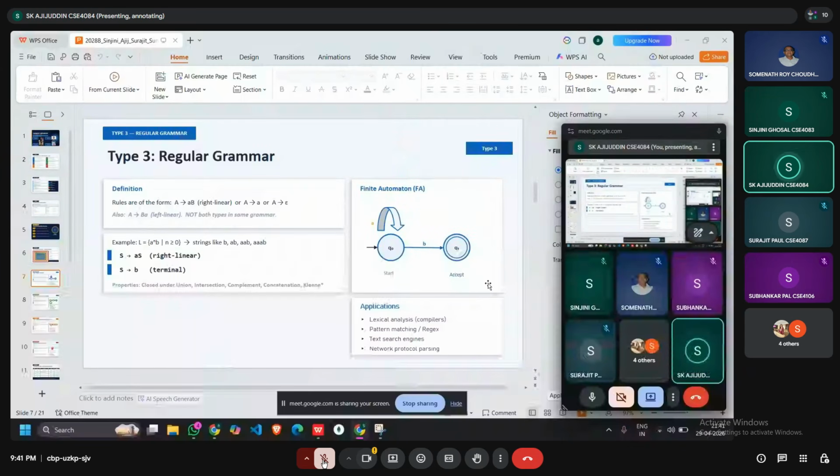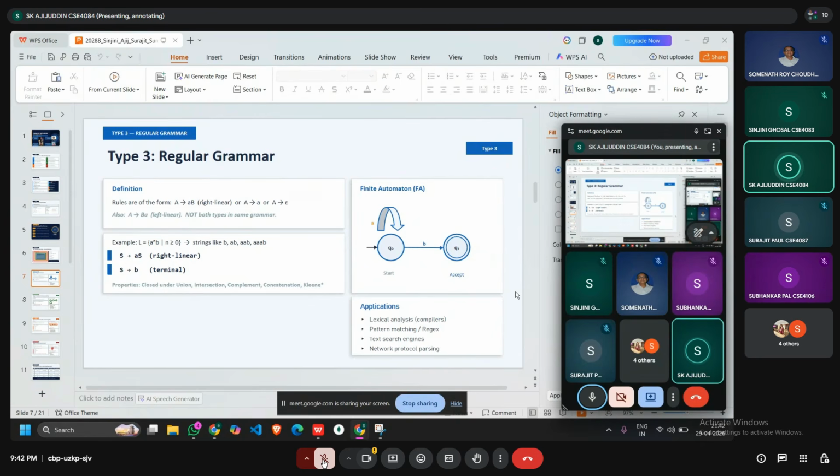The example for regular grammar is a string like bab or aab. The application of regular grammar is pattern matching. Why pattern matching? Because in regular grammar there is no type of memory, so it can't count. That's why it is used for the simplest tasks.